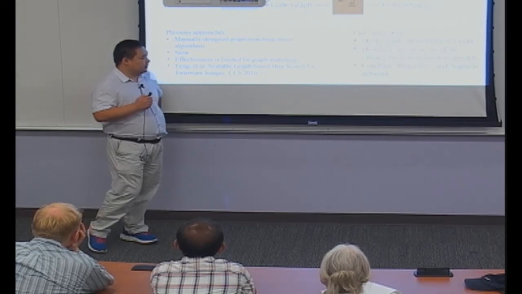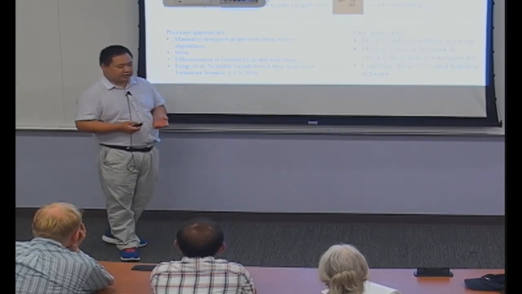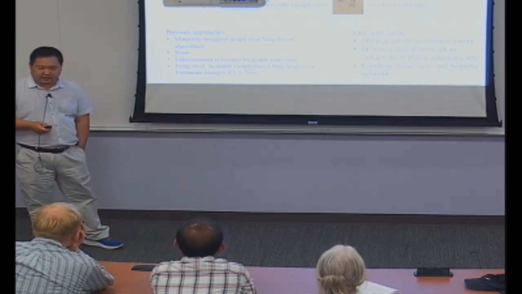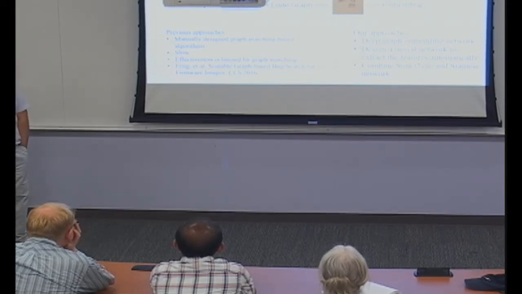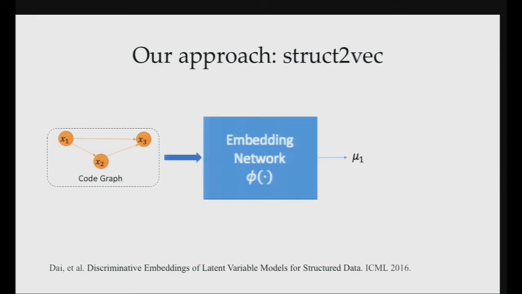Using our approach, we design a deep graph embedding network, and this network can extract features automatically from the code graph, so that no manual tuning is required. And then we combine different approaches to train this network, so that the embedding vectors generated can be very effective. So this is the high-level overview.